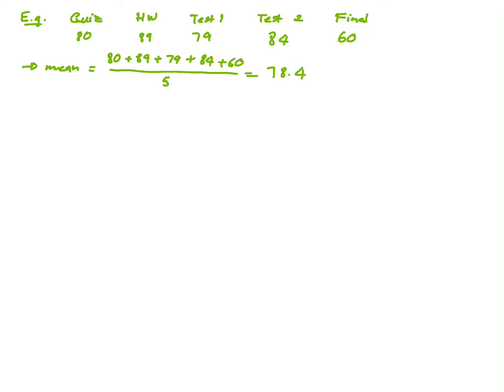Now when we calculate the average this way, implicitly, we're assuming that all points are weighted equally, or are equally important.